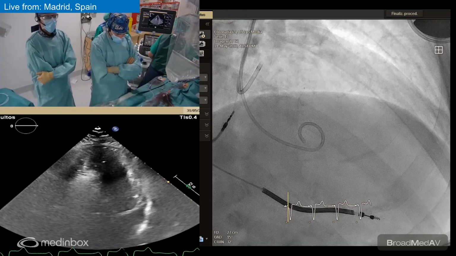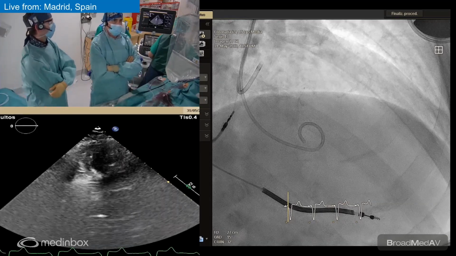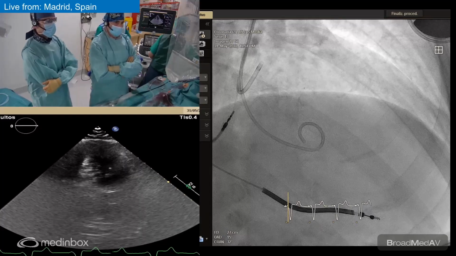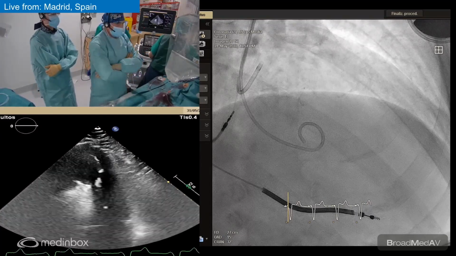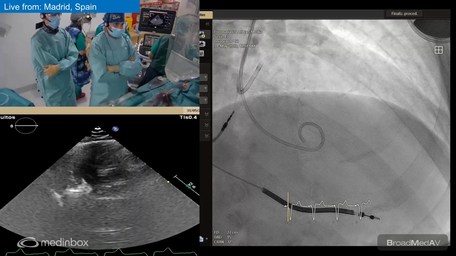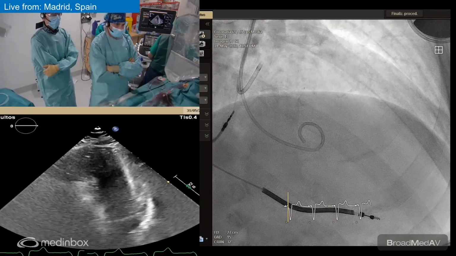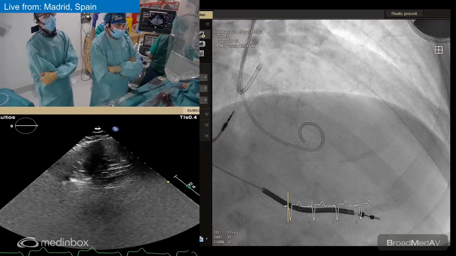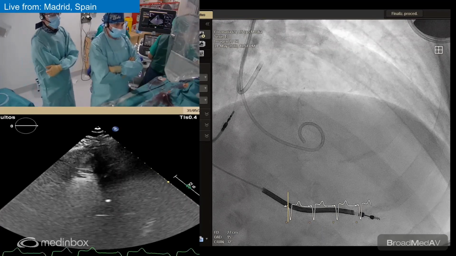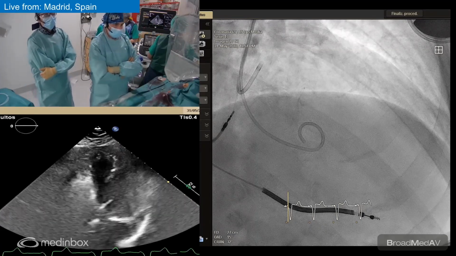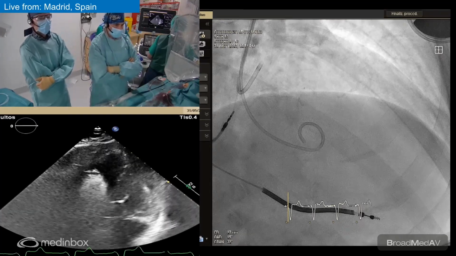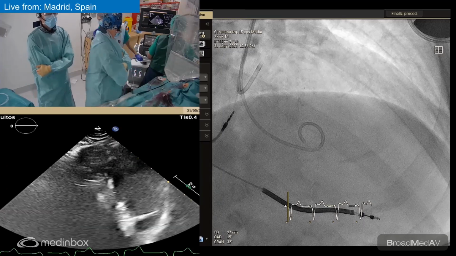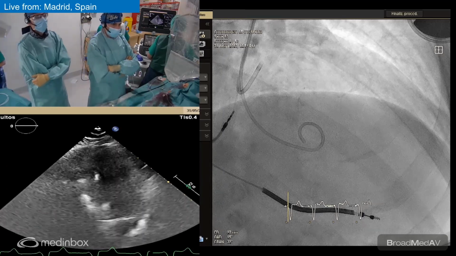Okay. This is an interesting case because this last one, I think, is clearly the one that decreased the gradient. But this is the smallest one. I'm not sure if it would have been as effective without the previous ablation of the more apical septals. Like the mid septum is now hypokinetic, and clearly the acceleration at the mid level has decreased with the 2 first injections.